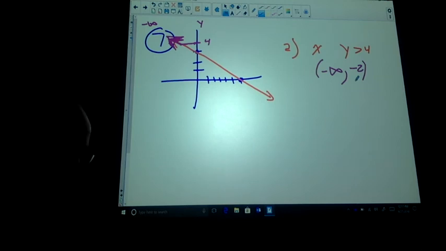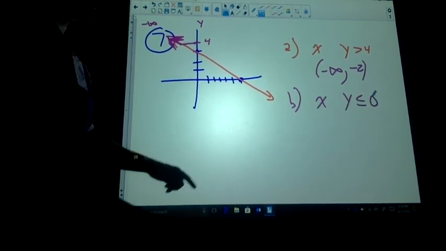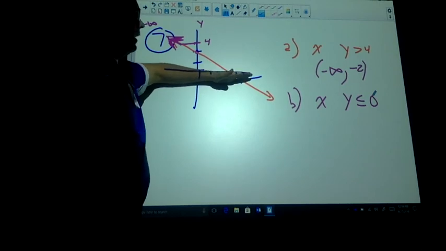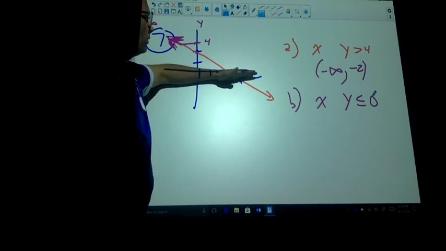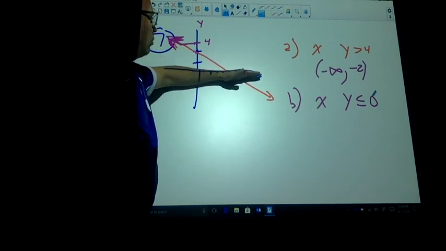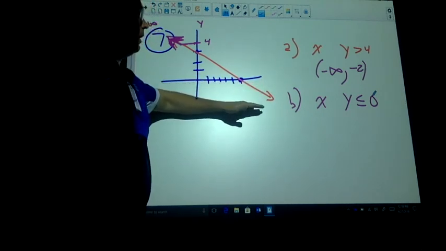Okay, let's move a little bit further forward. Letter B, for what values of x is y less than or equal to 0? Okay, so here's the y line, or this is the x line. So y equals 0 is here, y equals 1, y equals 2, y equals negative 1, negative 2, negative 3.